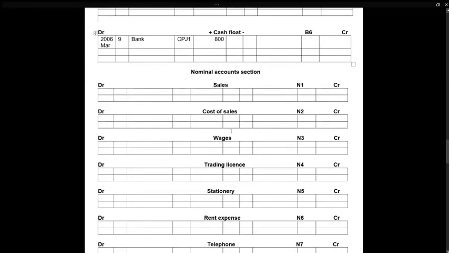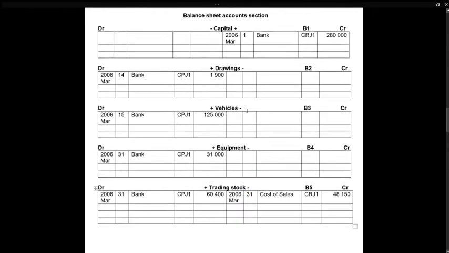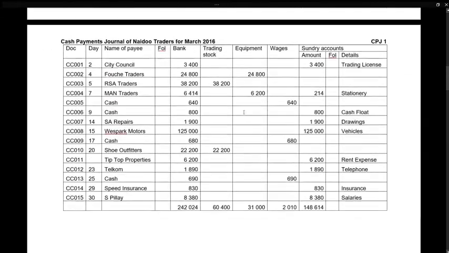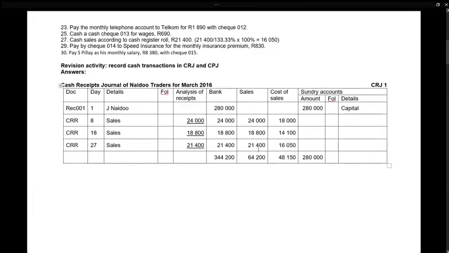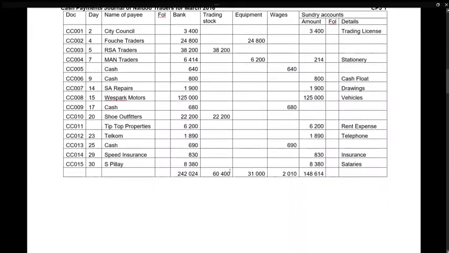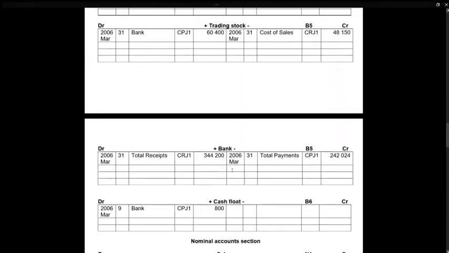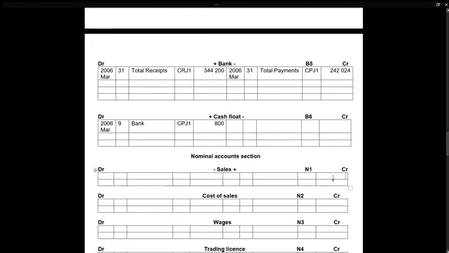Okay, so nominal account section. Sales is an income and the signs for income is minus, plus. Right, so sales. Let's go and have a look at my total. Sales cash receipts journal 64,200 Rand. Let's go and fill that in. So sales 64,200 Rand. Where did I get this information from?